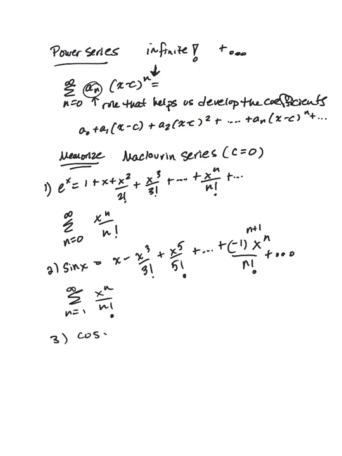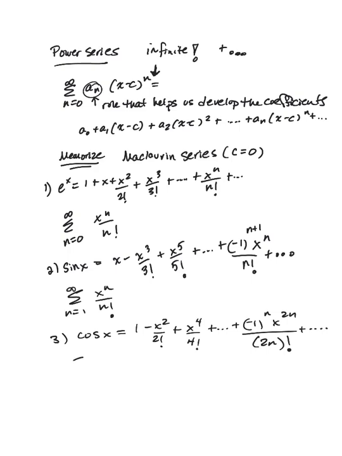Then you need cosine x. Cosine x is the derivative of sine x. We went over that in an earlier video. 1 minus x squared over 2 factorial plus x to the 4th over 4 factorial plus dot dot dot plus the alternator, negative 1 to the n, x to the 2n over 2n factorial plus dot dot dot.